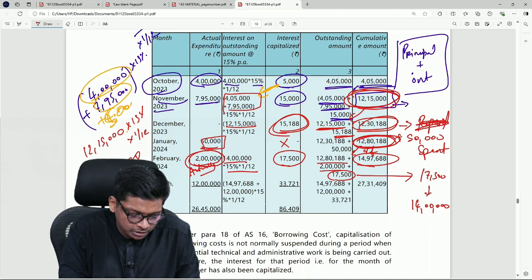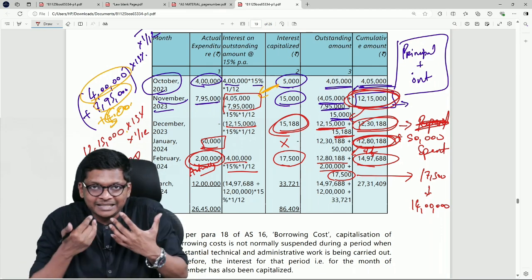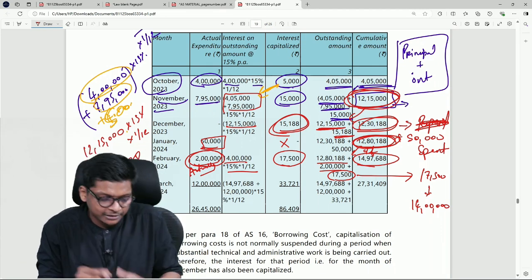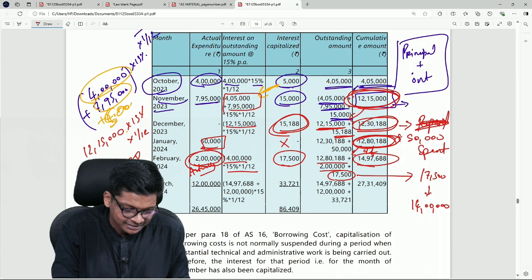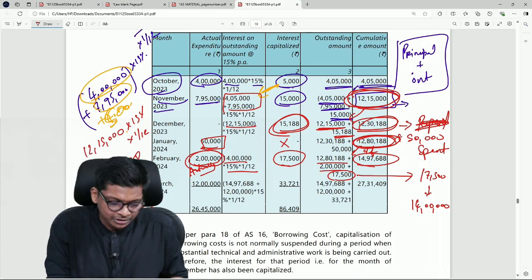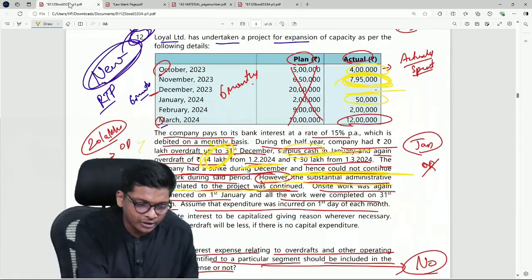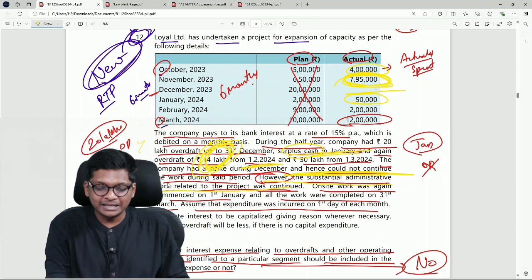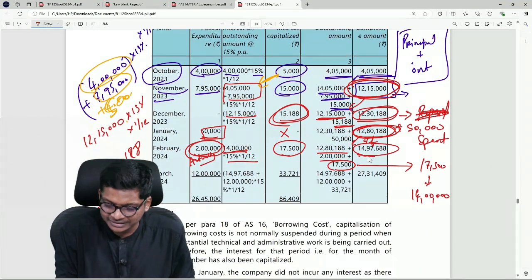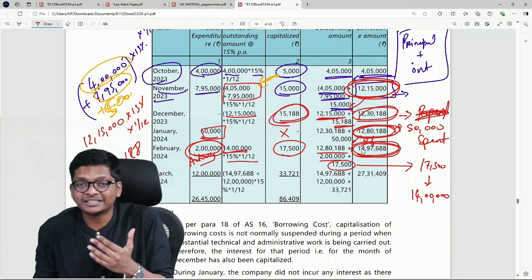So it becomes 14 lakh 80,188. Even though the spending is more, the allowed OD is only 14 lakhs. That means the remaining 80,000 odd, you have put in your own money. So interest is only for 14 lakhs because the limit of OD given in the question is 14 lakhs in the month of Feb. But still we are counting how much we have spent.